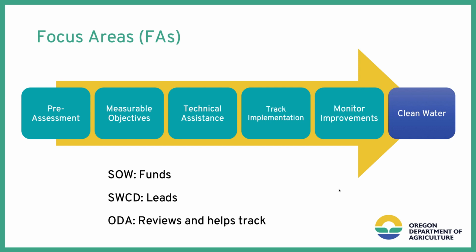Developing measurable objectives. So that means, let's say you're in an area and you're really going to be pushing CREP and riparian improvements. And so you're interested in a pre-assessment that shows riparian conditions. And let's say your pre-assessment, based on whatever method you're using, to make it easy, shows 50% of your riparian area is not as thick or dense or tall or whatever it is that you're interested in.